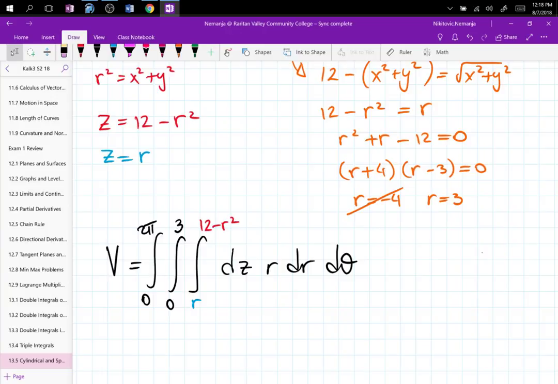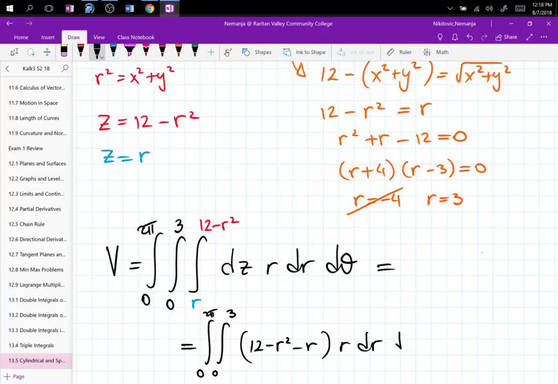So now the integral from 0 to 2 pi, and 0 to 3. Integrate out z. So that's just going to be 12 minus r squared minus r, times r dr d theta. When you integrate z, you're integrating 1, so you just get z, which is the top limit minus the bottom limit, which is what I have.